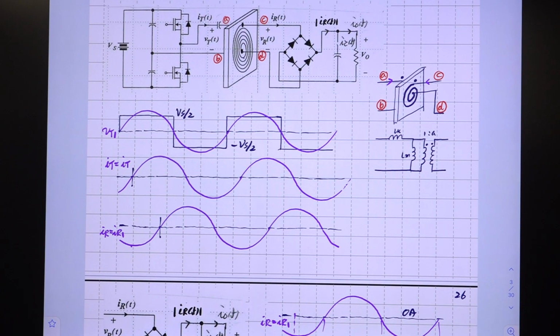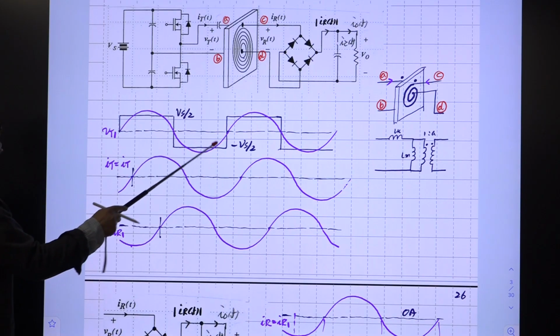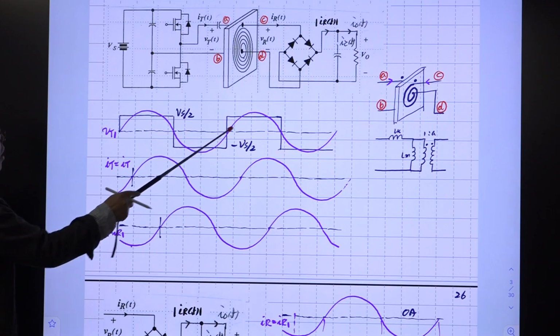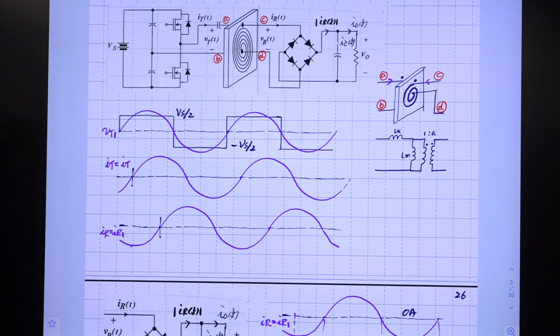And this is the waveform. These are the series resonant converter waveforms. This is the tank voltage. This is a pulse waveform, and this is its fundamental component of the rectangular waveform. And this is the tank current, which is a sinusoidal wave, because we have a very high Q filter here, so the tank responds only to this component.